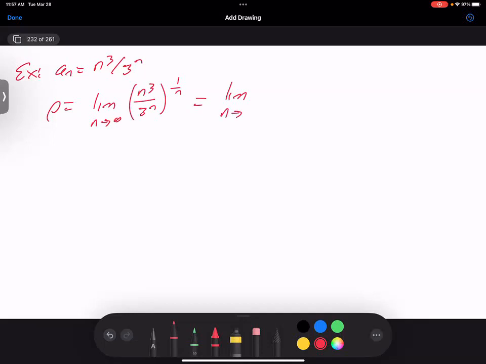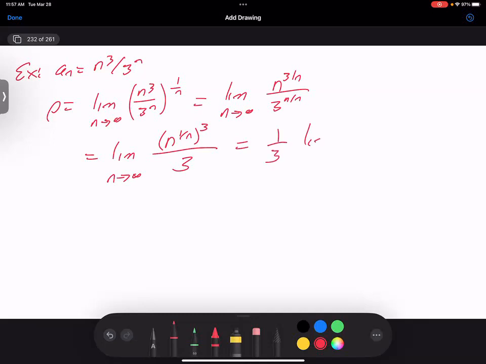That's the limit of n to the 3 over n over 3 to the n over n. That's the limit of (n to the 1 over n) cubed over 3. So that's just 1/3 times the limit of (n to the 1 over n) cubed. And that's just 1/3, less than 1, so it converges.